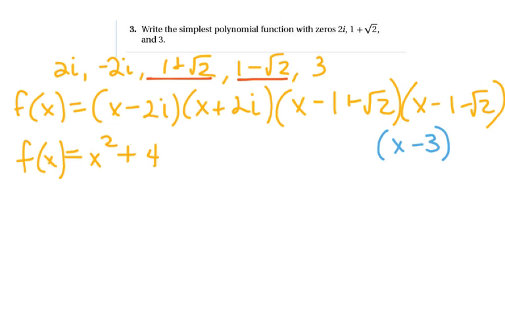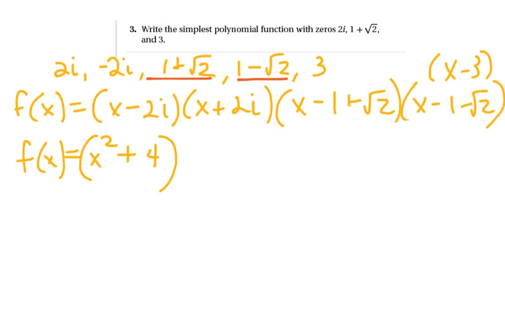When I multiply those together. And then x minus 1 plus root 2 and x minus 1 minus root 2, this is just a little complicated to show, so let's move this up so that we have it right up here, x minus 3.